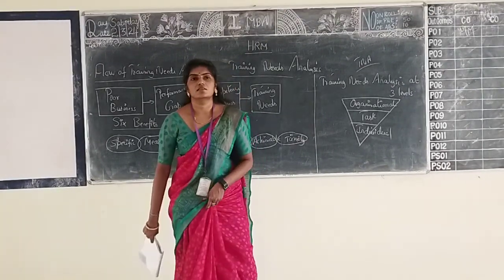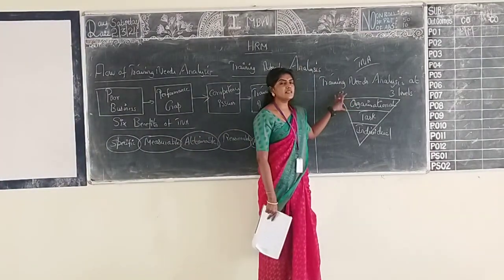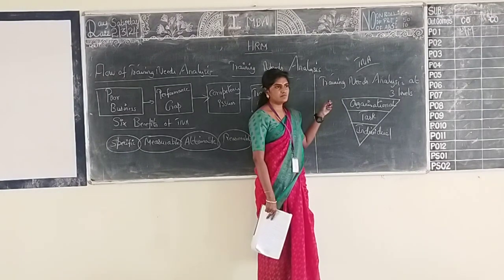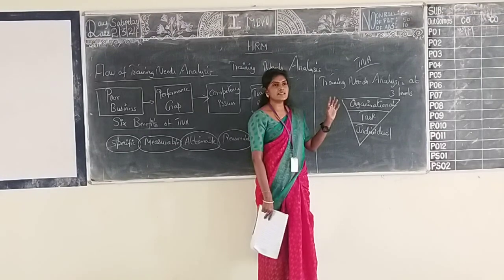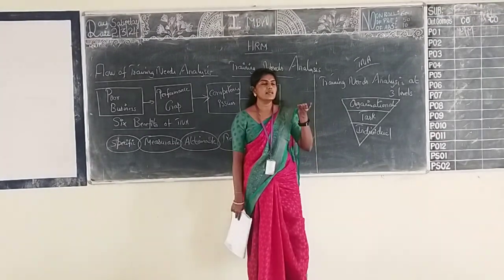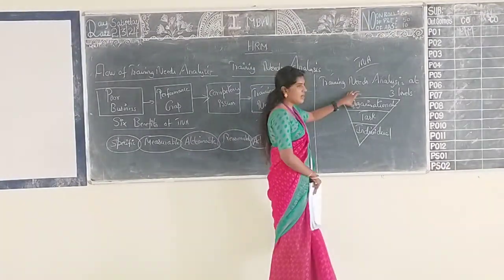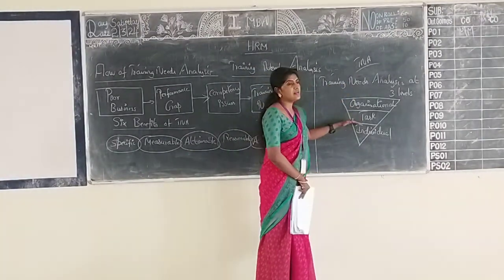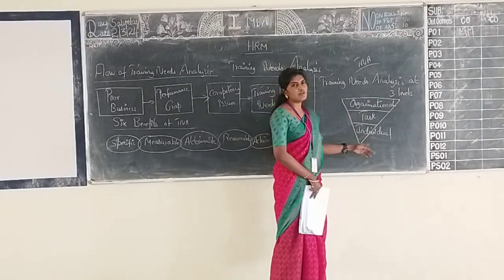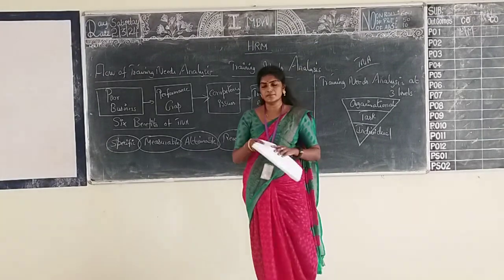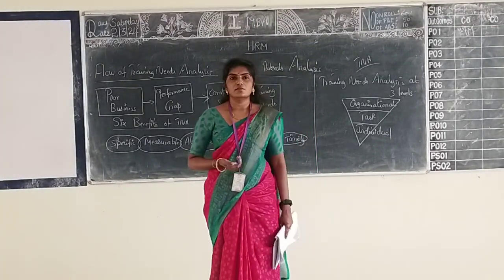First level, organization. Organization level means SWOT analysis: you are analyzing the strengths, weaknesses, opportunities and threats. First you analyze the organizational level, next you analyze the task. Based on this only, you analyze the individual performance of the employees.